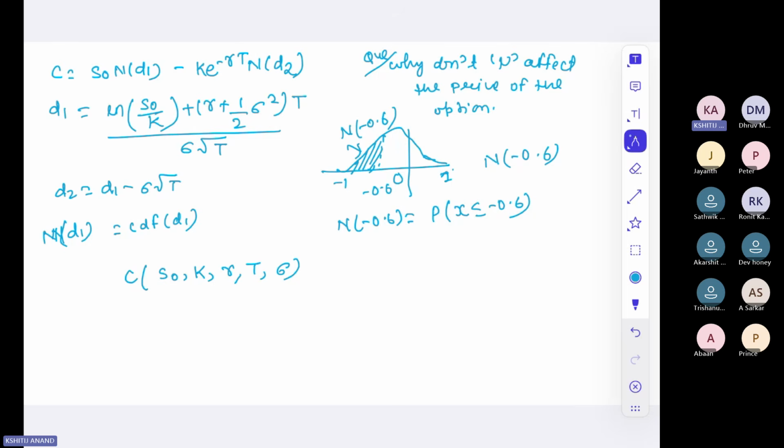If I give you all these parameters, you can easily calculate the price of the call option. You just substitute and find D1, D2, ND1, ND2, and then use this particular formula to get the call option price.